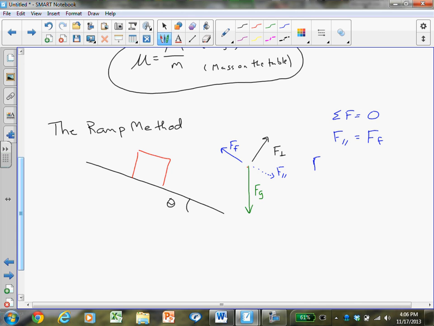Now you can remember what F parallel is. It's Fg sine theta. And friction is mu F perpendicular, but F perpendicular is mg cosine theta, or Fg cosine theta.